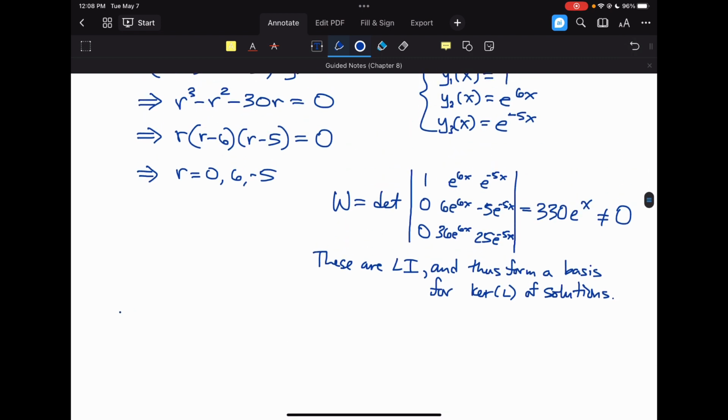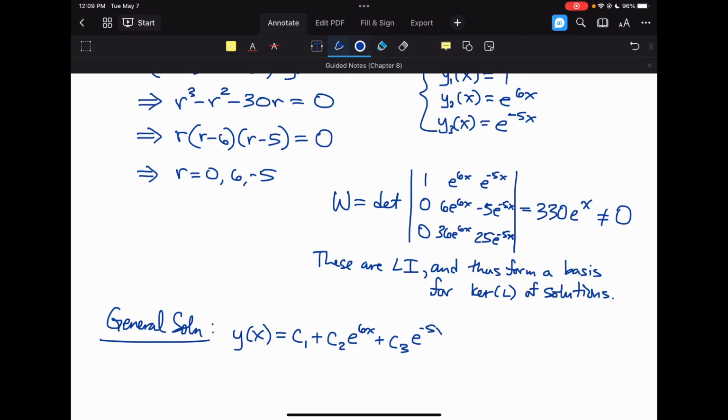So our general solution will be y of x equals c1 times 1 plus c2 e to the 6x plus c3 e to the negative 5x. So that would be the general solution to this differential equation.